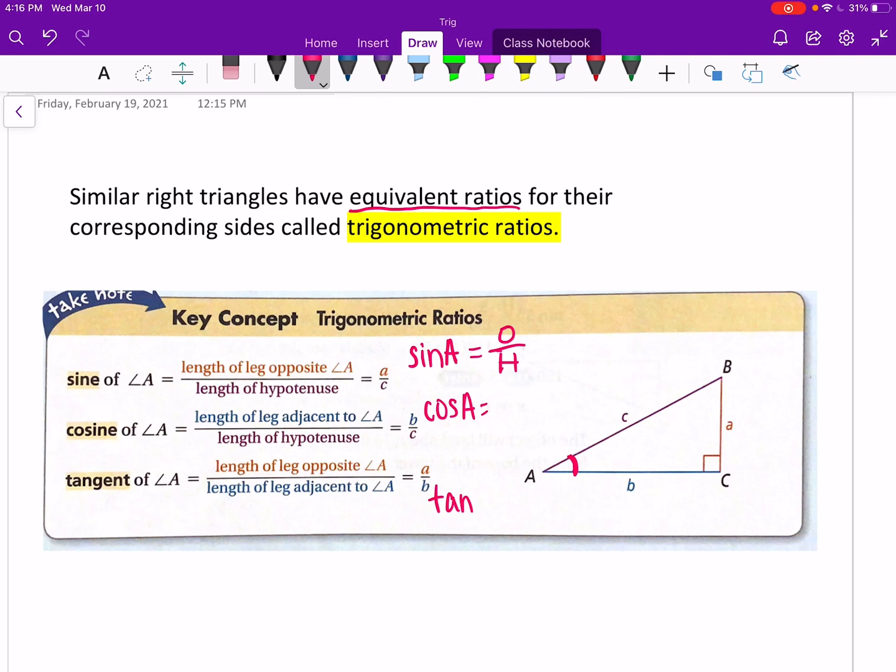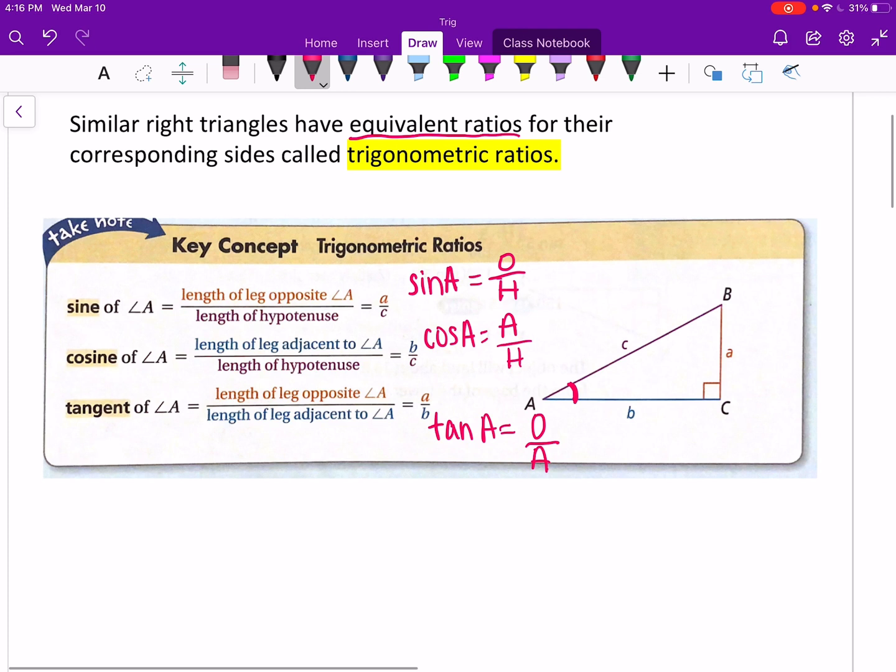So I'm going to shorten this by putting A for adjacent over H for hypotenuse. And for the tangent of A, I'm going to write this as O for opposite over A for adjacent, since the ratio of tangent is the length of the leg opposite over the length of the leg adjacent to A.